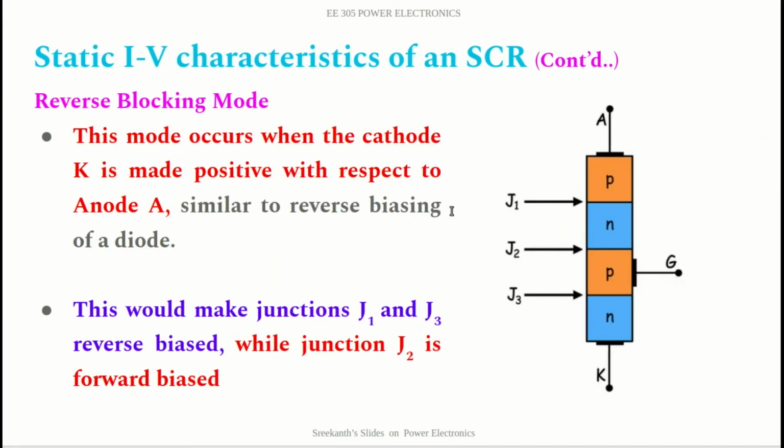If you take this diagram, we have said that when you are applying a negative voltage at the anode and a positive voltage at the cathode, junctions J3 and J1 have been reverse biased.